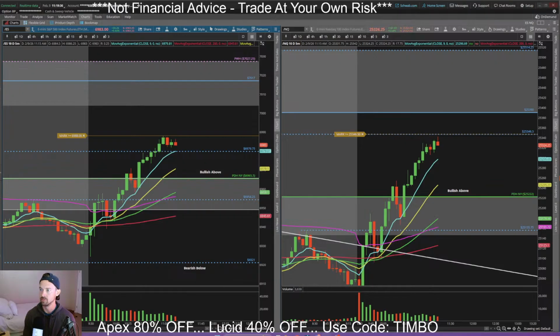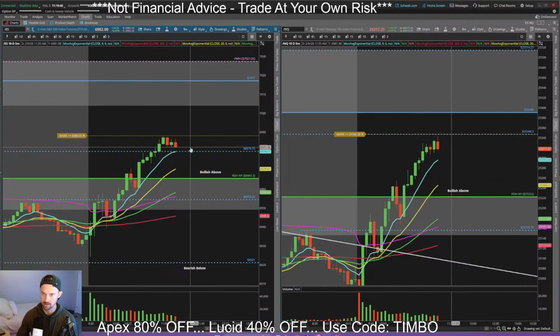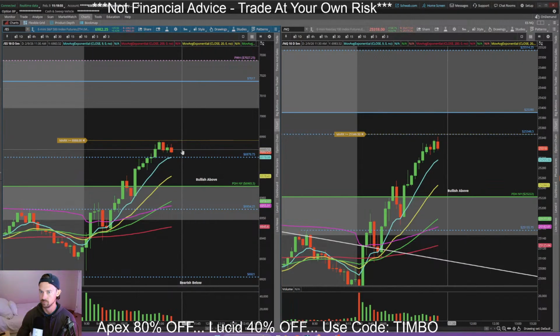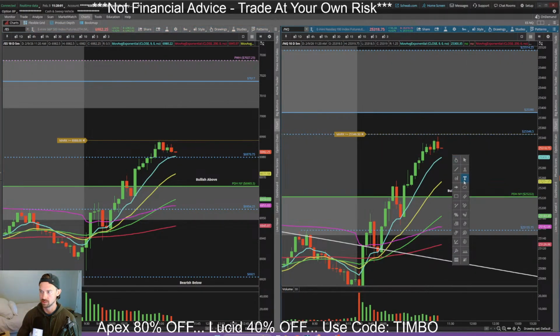Alright, NQ's kind of rejecting up there. ES is about to take out this low, it looks like. Probably come test this 79 level, 80 level. That's why I don't trust these.